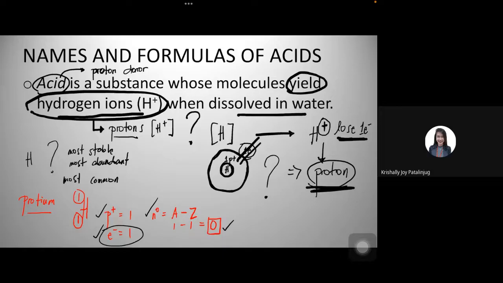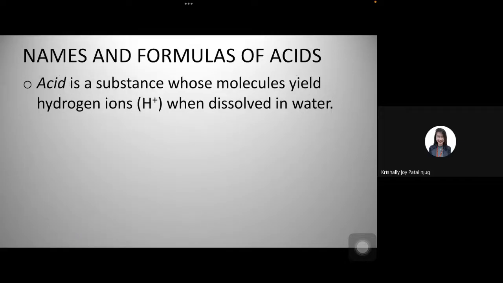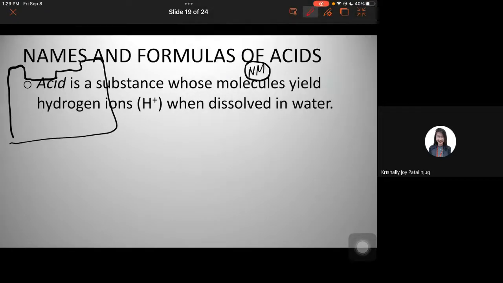Since what they contain is protons, they are willing to donate that. So they are proton donors. Now, acids are derived from non-metals. In the periodic table of elements, non-metals are found on the right or left of the periodic table?